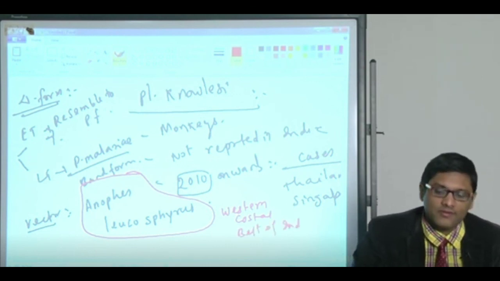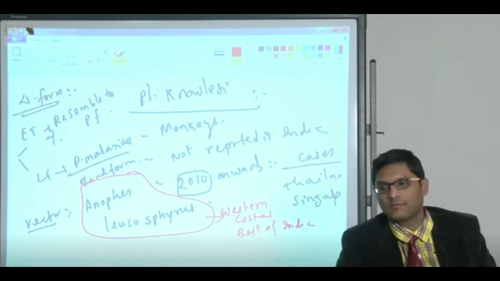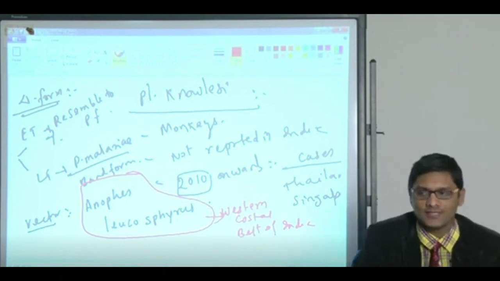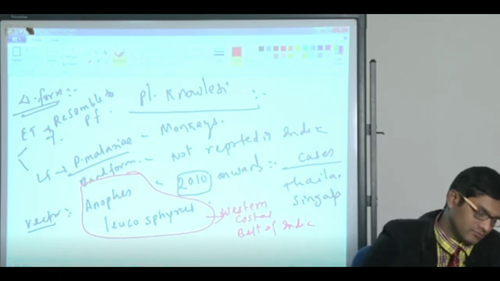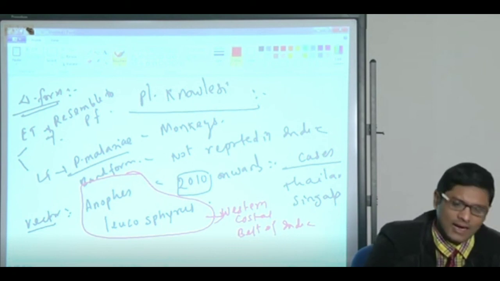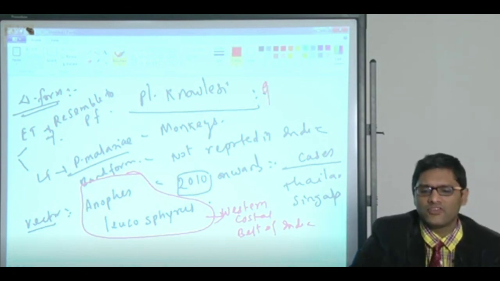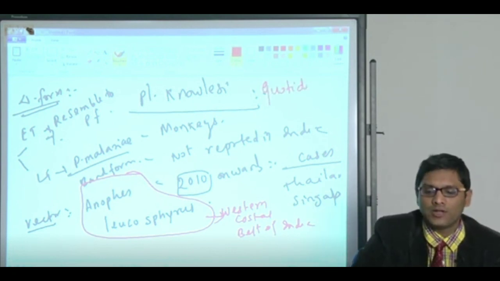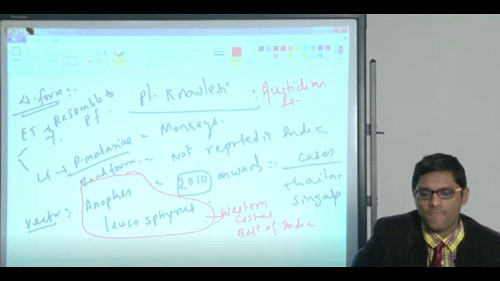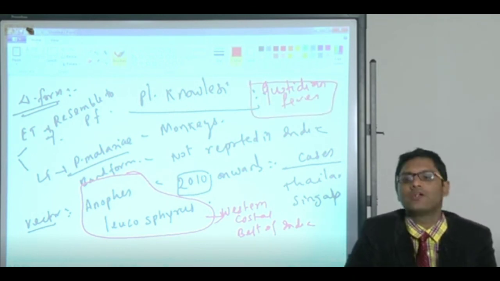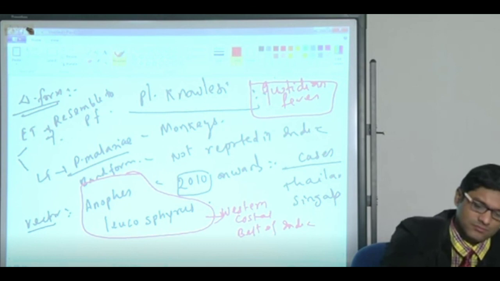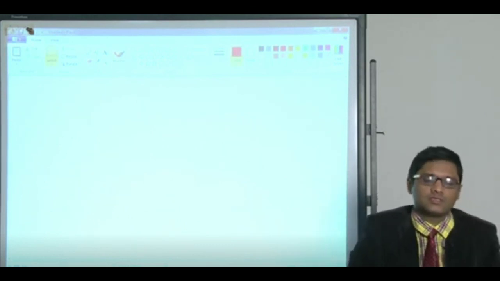So, there is a high probability that we may get Plasmodium knowlesi in near future. Okay, and of course, the fever pattern is quotidian pattern, every 24 hours. Okay. So, this is all about it.